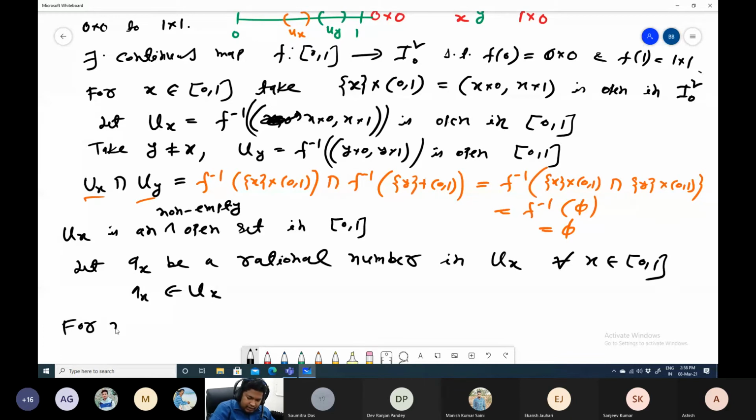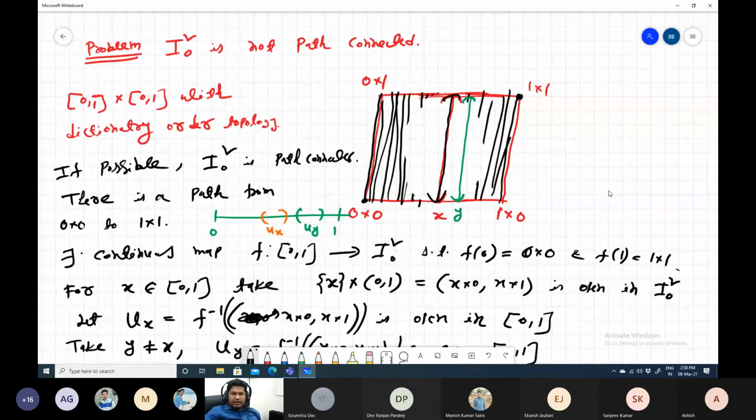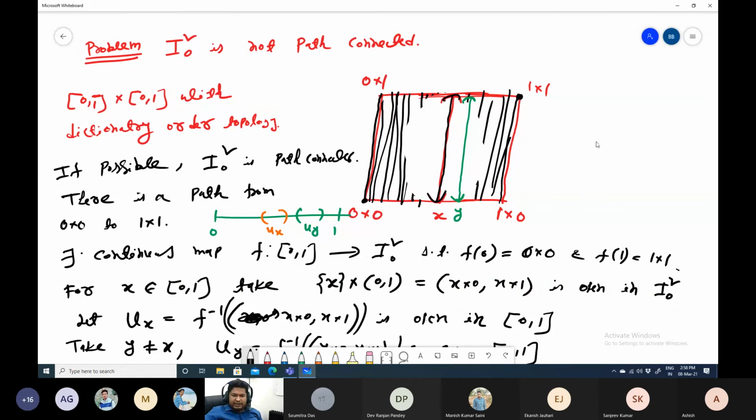Now for x not equal to y in [0,1], what can you say about q_x and q_y? Can they be equal? No. Why? Because U_x and U_y are disjoint, and we choose q_x from here and q_y from here.